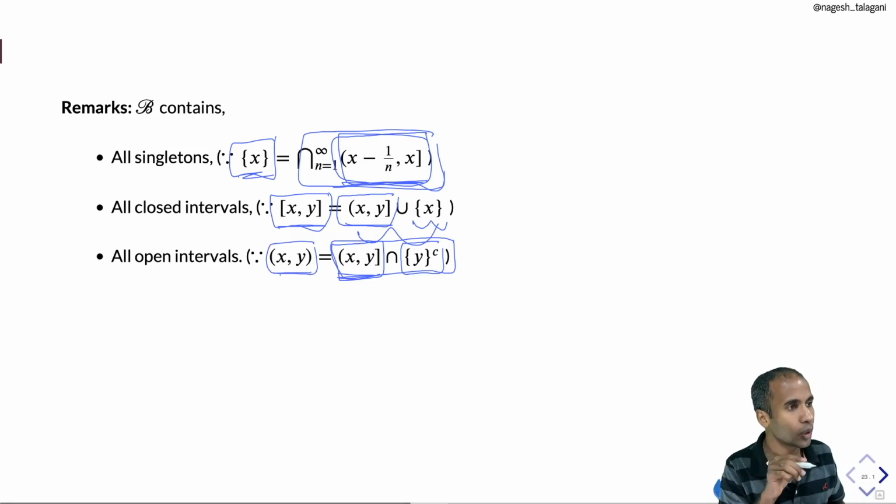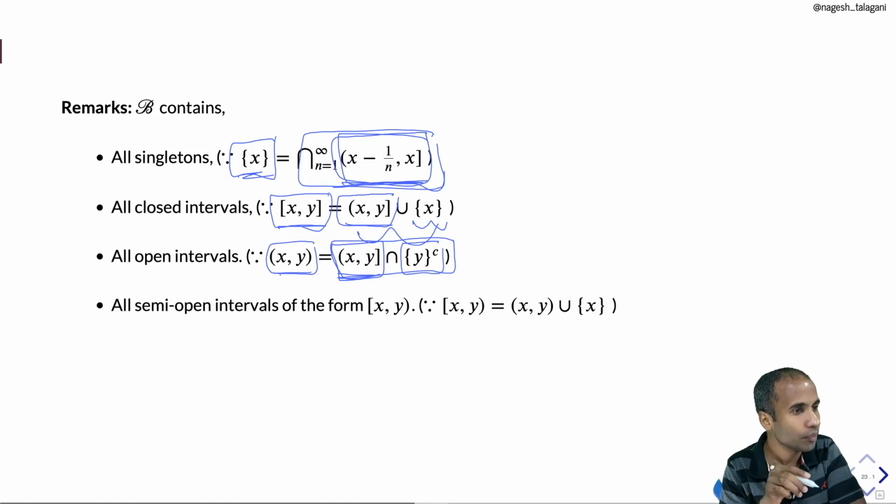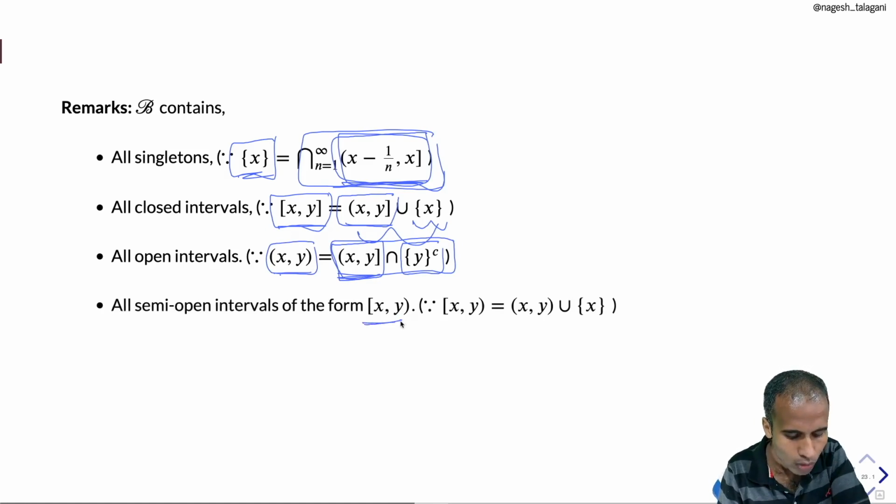Next, intervals of this form, closed-open, must also be Borel sets because they can be expressed like this: the open interval (x,y) union singleton x. We just realized that open intervals are Borel sets and singletons are also Borel sets, so a finite union of Borel sets should again be a Borel set, because a sigma field should be closed under finite union.